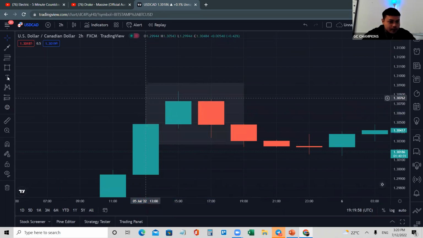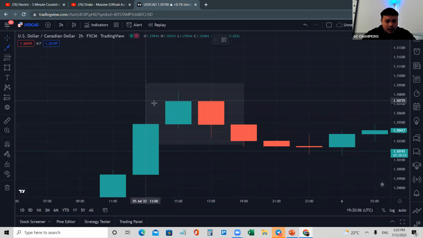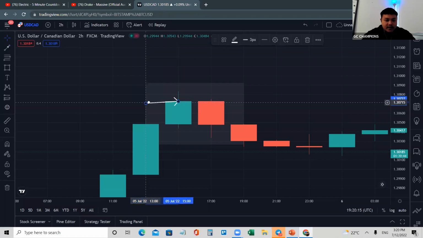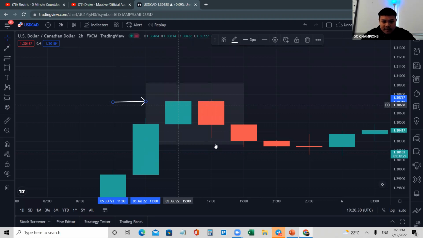On the green candlesticks, what does this top part of the rectangle represent? This part on the top of the green candle, the top part of the rectangle. What does that represent? Is it an open or a close?